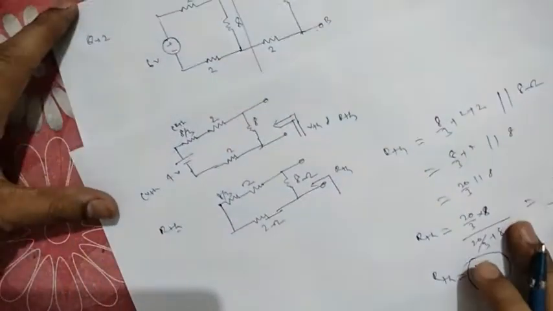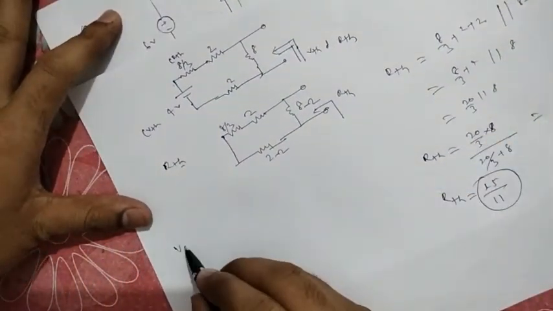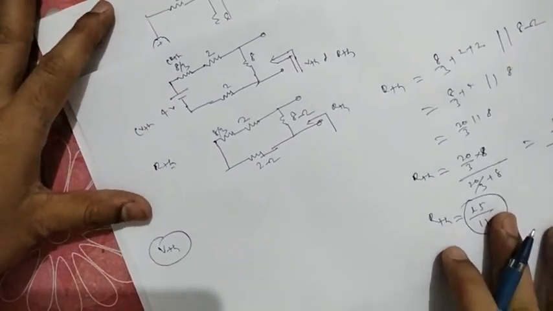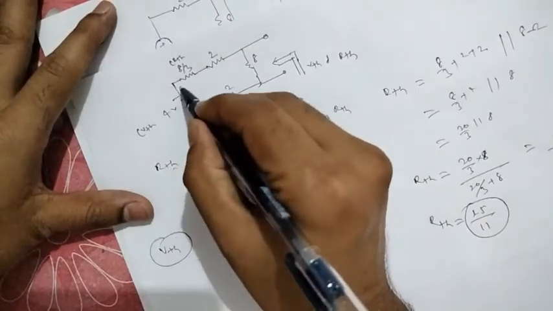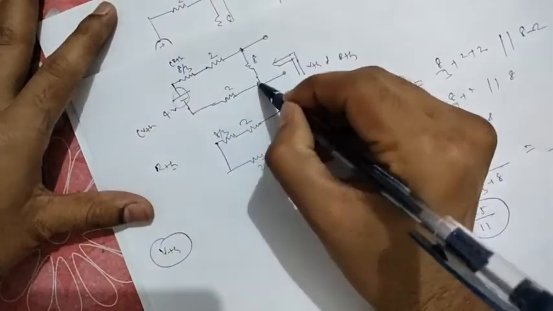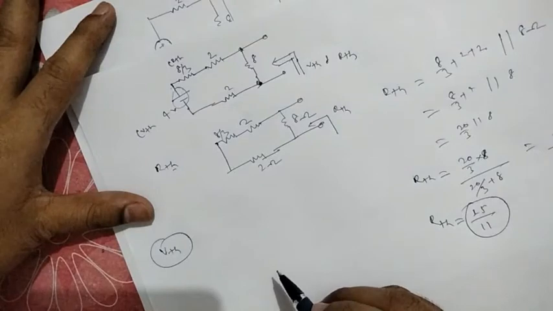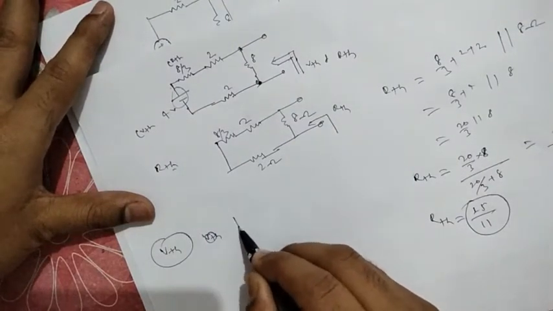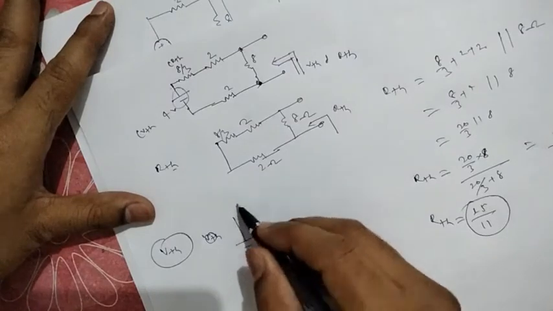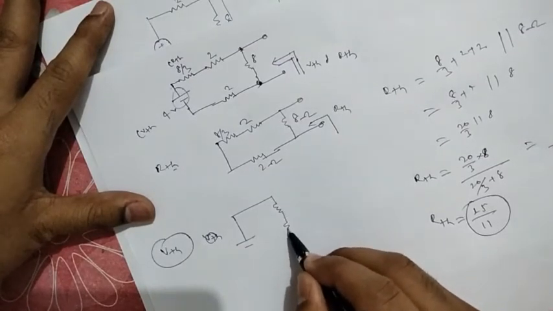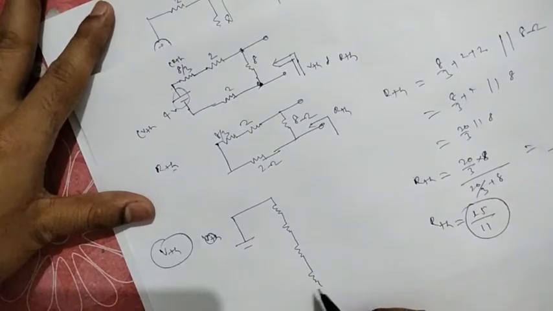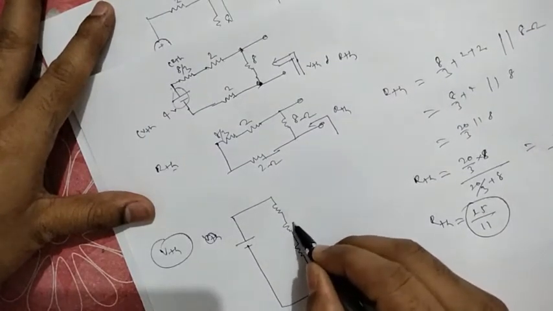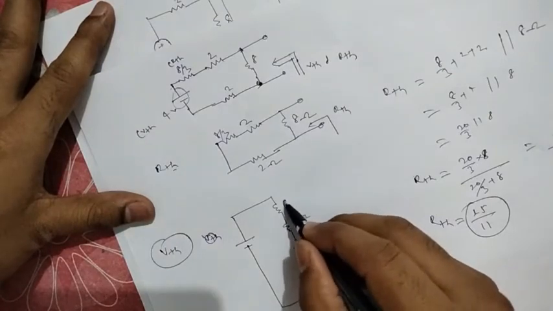Now we need to calculate the VThevenin across this circuit. For this we need to calculate the voltage across this one. Simply it can be calculated the same way. VThevenin is from the potential divider of 4 volt, and this time it is with 4 resistances: this is 2 ohm, 8 ohm, 2 ohm, and this is 8 by 3.